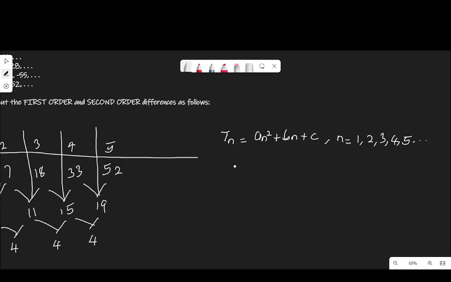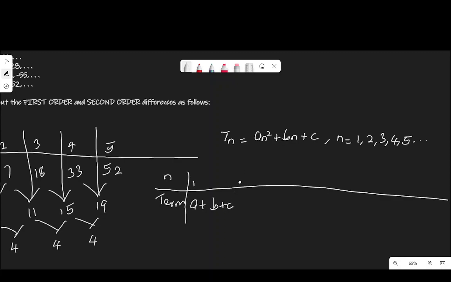We'll generate another table. When n is 1, 1 squared is 1, times a is a. So I have 1 times b is b plus c. That is the first term of the sequence.